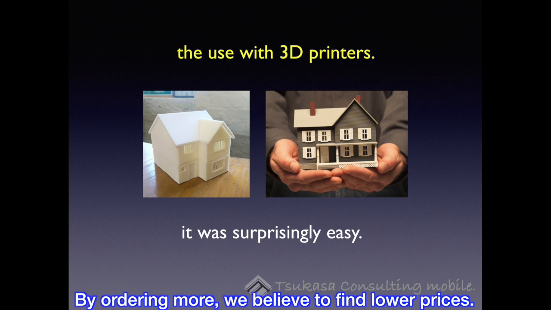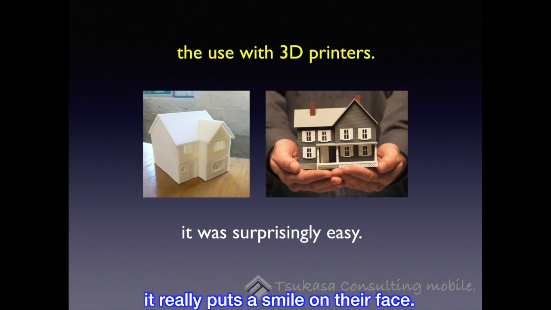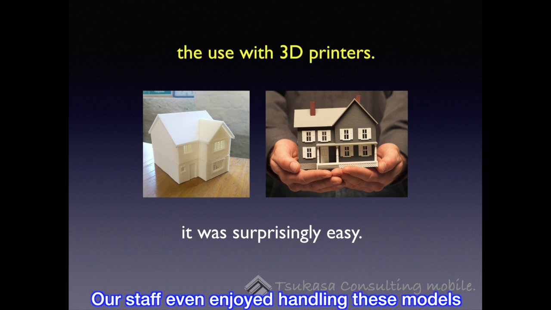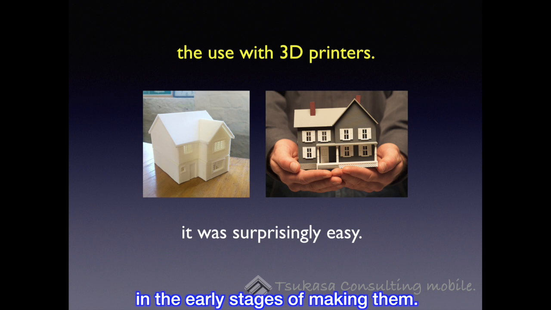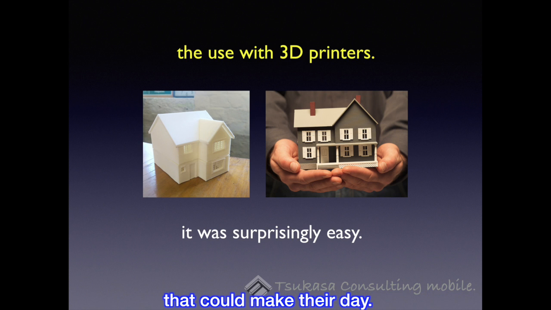By ordering more, we believe we can find lower prices. Now, once you put a thing like this in someone's hands, it really puts a smile on their face. Our staff even enjoyed handling these models in the early stages of making them. I imagine if we could hand a person a model of their own home, that could make their day.